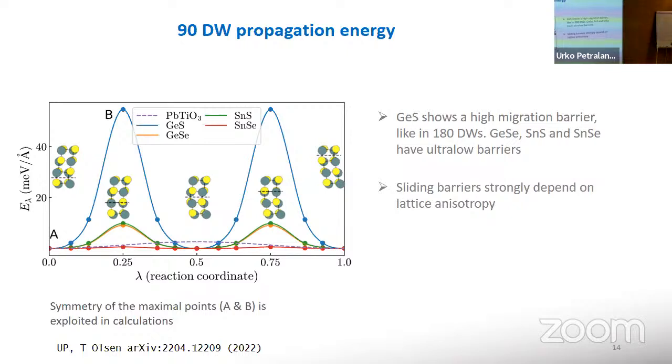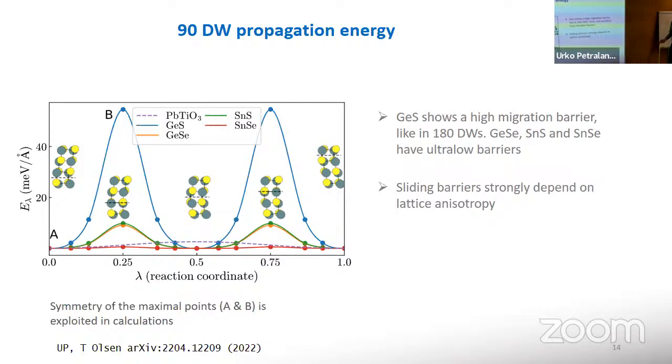One can actually exploit these symmetry requirements to make the calculation much cheaper, much faster. We saw that germanium sulfide, again the most anisotropic compound, is the most difficult to move. It's very abrupt in the material, very unstable, and also very difficult to move around.